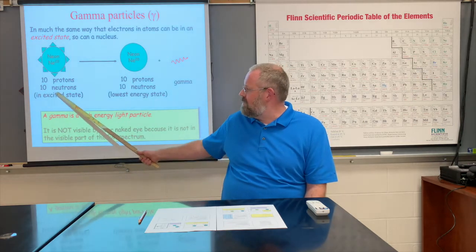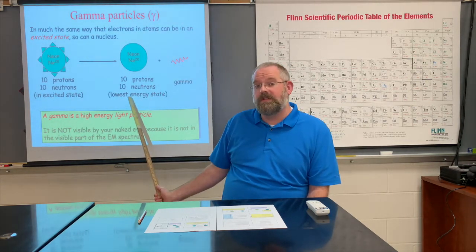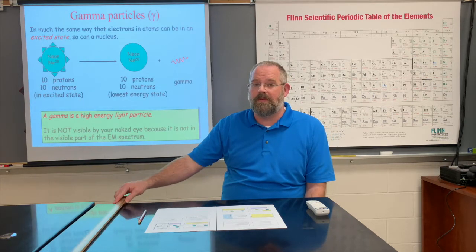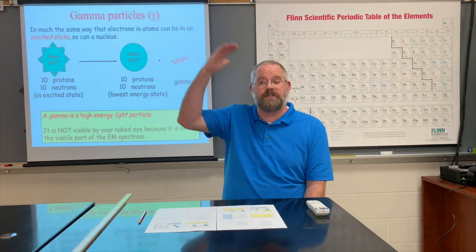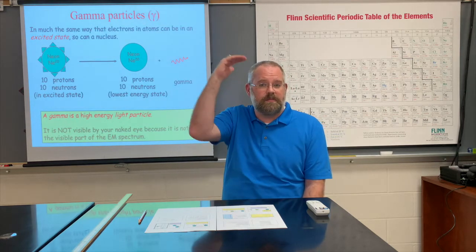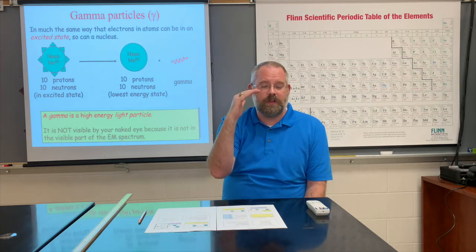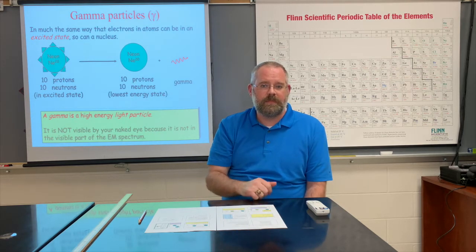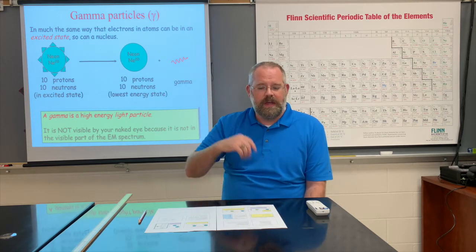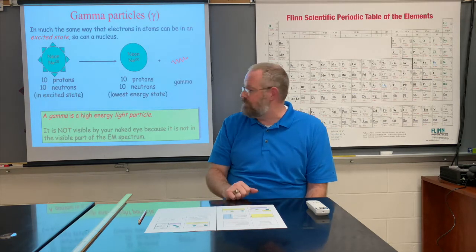What happens is we have electrons in an excited state going to electrons in a lowest energy state. If you remember, Niels Bohr showed us how electrons can change energy levels. In an unstable atom, those electrons will fall down to a lower energy level, and in doing so, it gives off this really high level energy that we call gamma radiation.